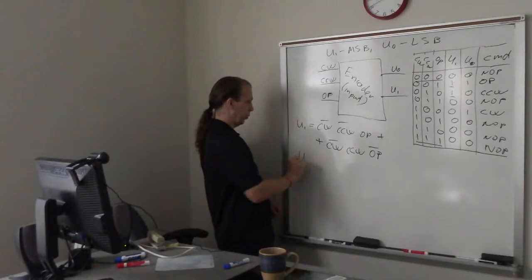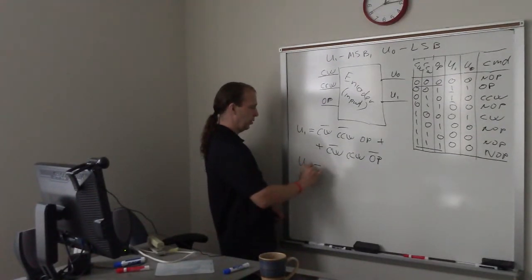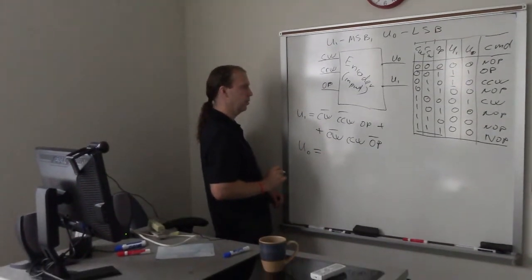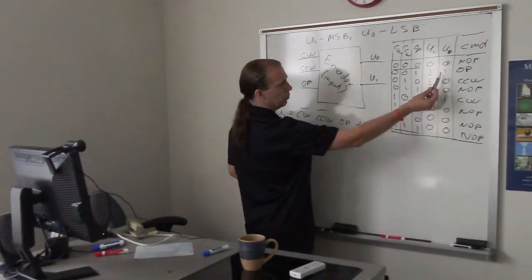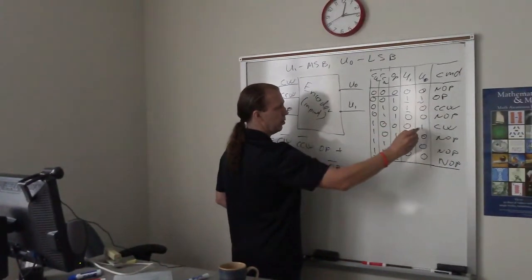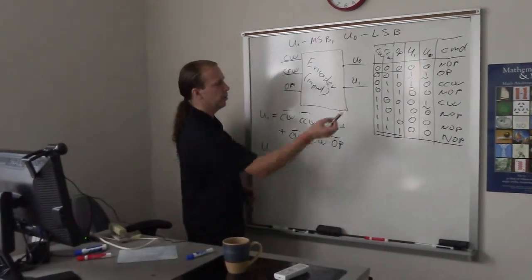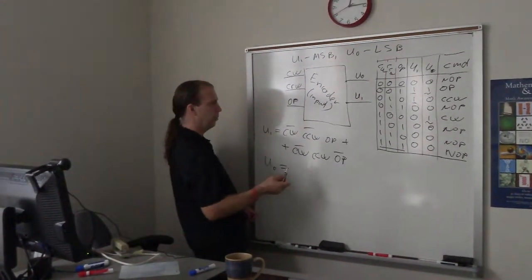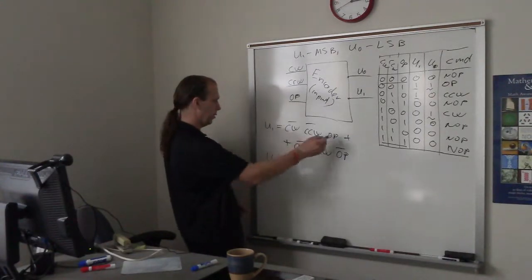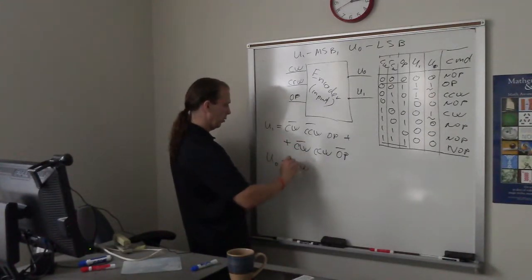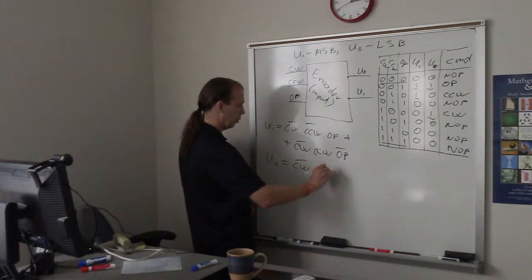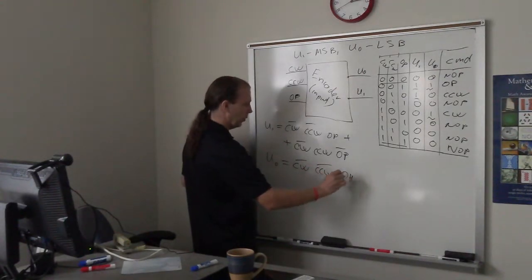And a similar approach we can implement with U0. U0 will be equal to 1 here and here. So in other words, the first will be 0, 0, 1, same as here: CW inversion, CCW inversion, OP without inversion.